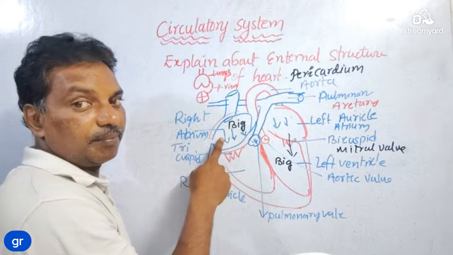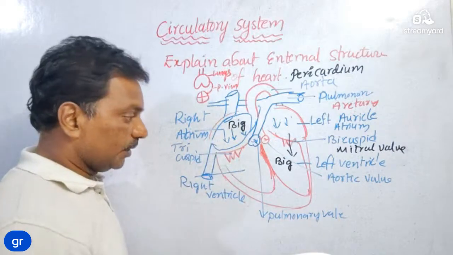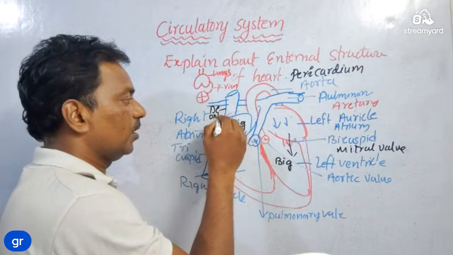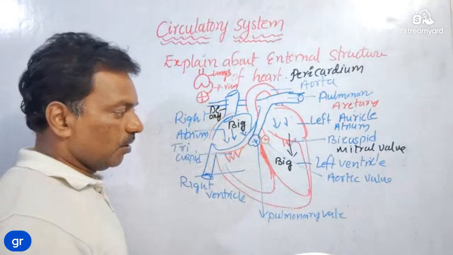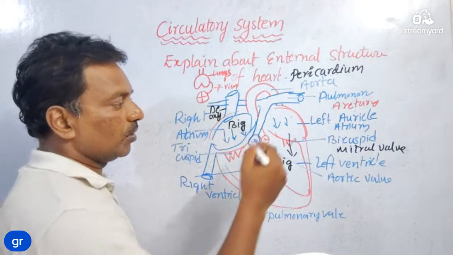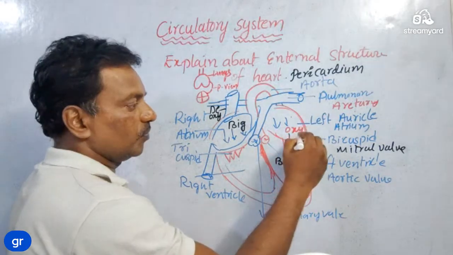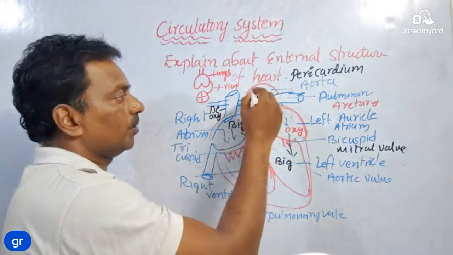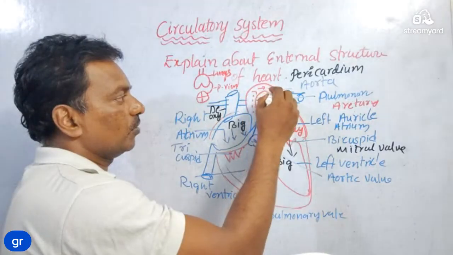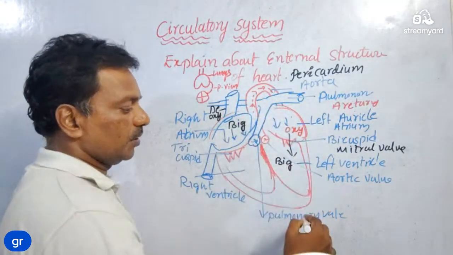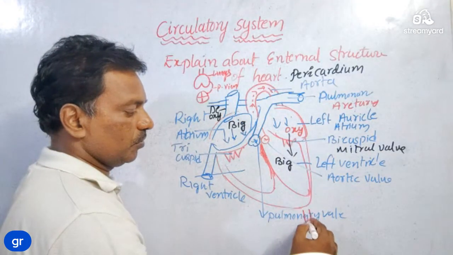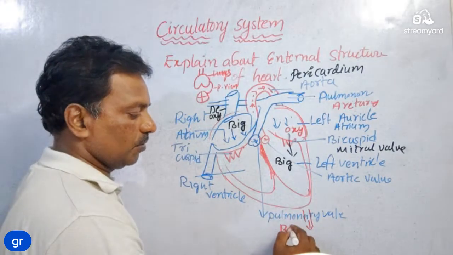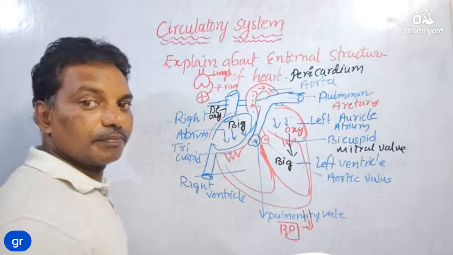right atrium. This is deoxy, that is oxy. Here deoxy, that is oxy. Oxygenated blood comes down to the body parts.